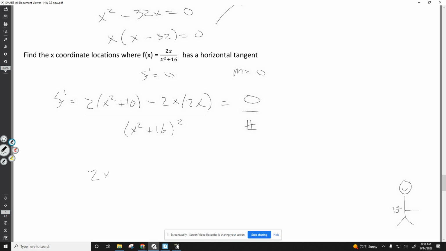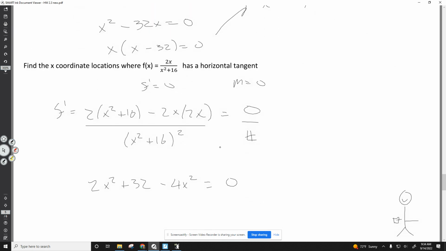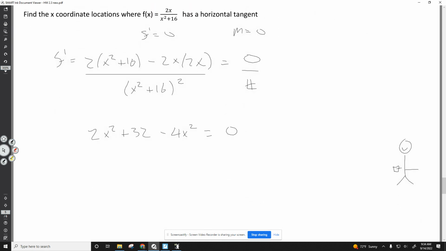So I distribute, I get 2x squared plus 32 minus 4x squared. I'm a little bit concerned. I might not like this problem. Why am I a little bit concerned? Oh no, I think I'm going to be just fine.